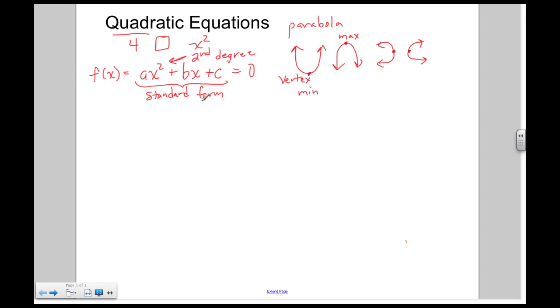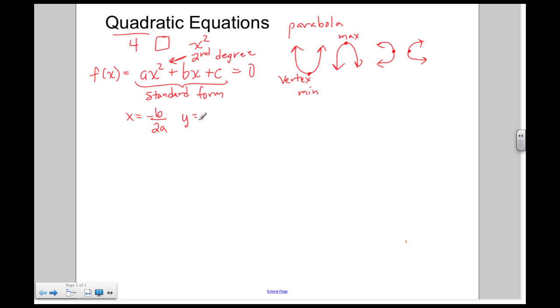If I'm working with an equation that's in standard form, to find the vertex, I have two expressions. The first expression will be x is equal to negative b divided by 2a. Once you resolve that by substituting in these values for a and b, that will tell you the x value for the vertex.